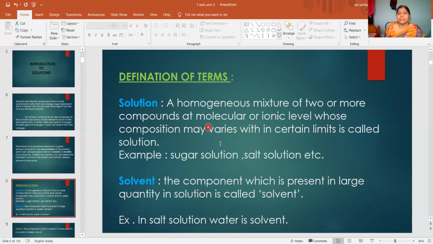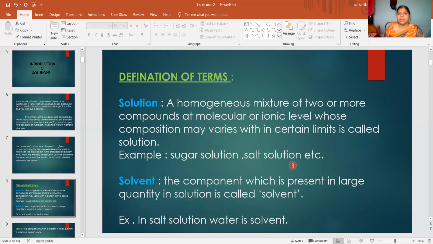So its composition may change within certain limits, and that is called a solution. An example of a solution is sugar plus water, that is sugar solution.